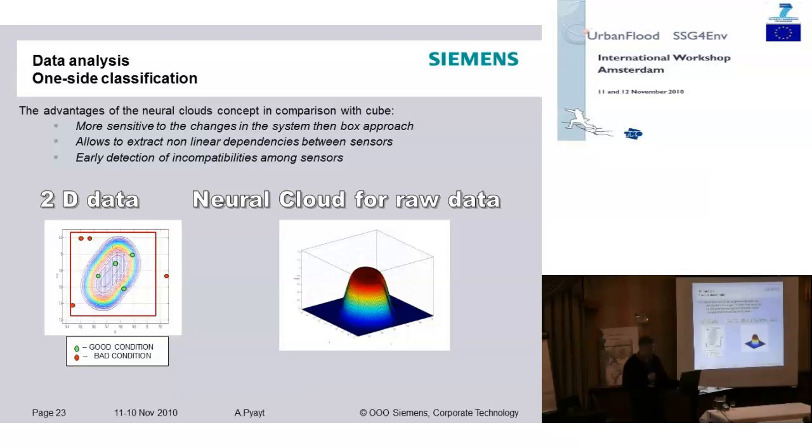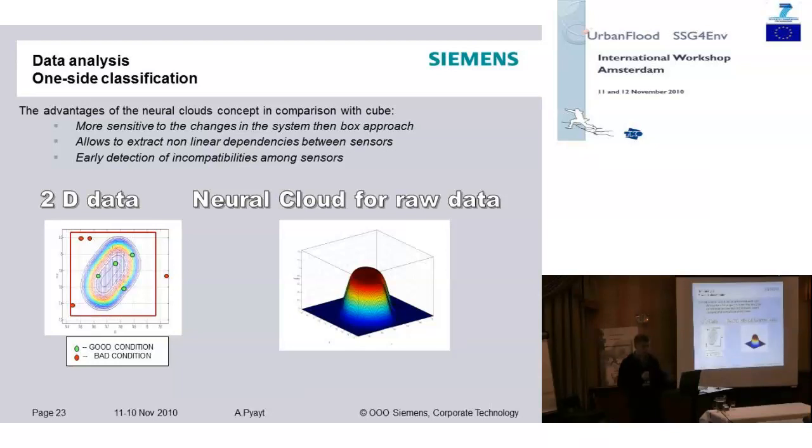We built some hyper surface which includes only normal data. We have new measurements, and we check these new measurements with this neural cloud. If these measurements are outside this neural cloud, then we make a decision that these new measurements are abnormal. Inside this neural cloud, these measurements are normal.